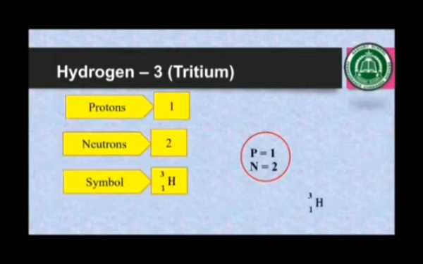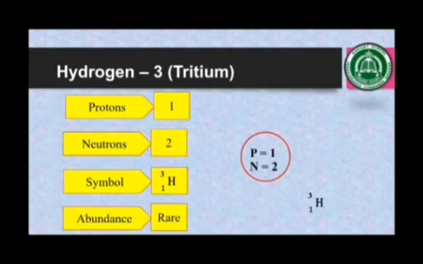Its symbol is H 3 1. The top left 3 shows the mass number and the bottom left 1 shows the atomic number, as its nucleus has 1 proton, so atomic number 1, and its nucleus has mass number 3. So with the symbol H, 3 and 1 are written. 3 shows the mass number and 1 shows the atomic number.